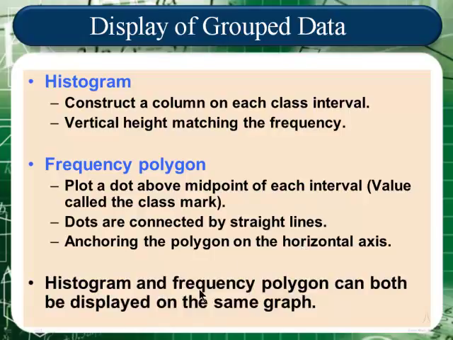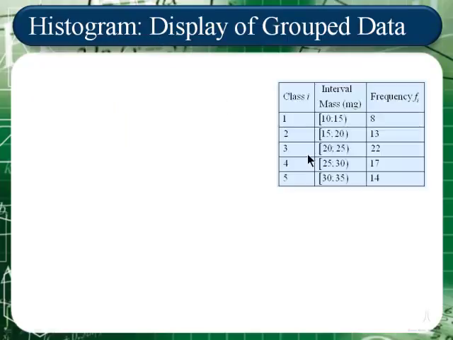A histogram and a frequency polygon can both be displayed on the same graph. Let us look at an example of a histogram in which we display group data. Assume we have this frequency distribution table in which we have 5 classes.